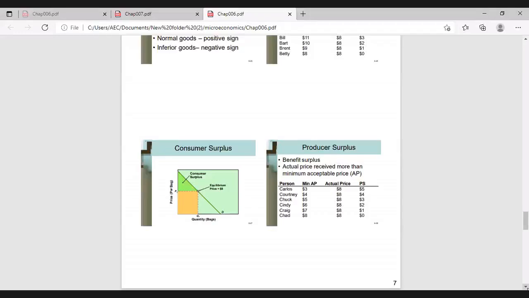So that is the benefit surplus, and this benefit is in terms of money. Your willingness to pay is measured by money. Your satisfaction is measured in money value. Your willingness to pay means you are willing to pay 100 rupees for the first unit. That 100 rupees measures your satisfaction in money value.